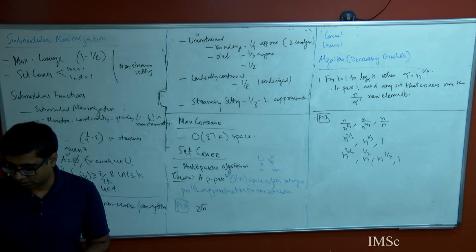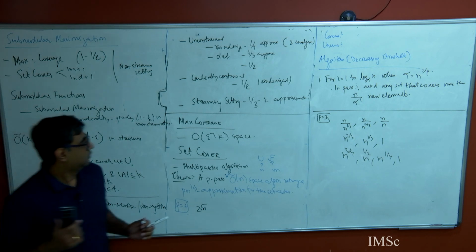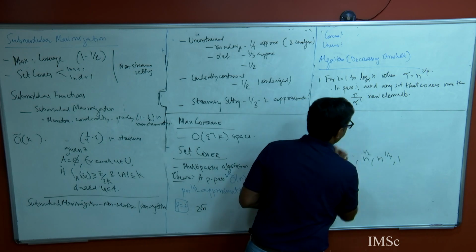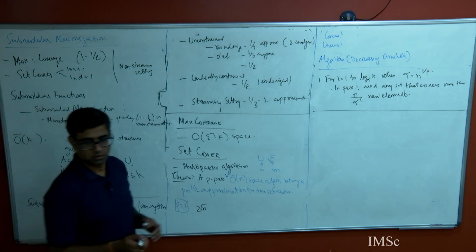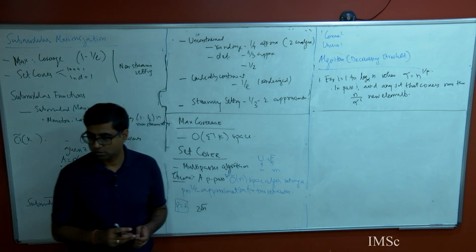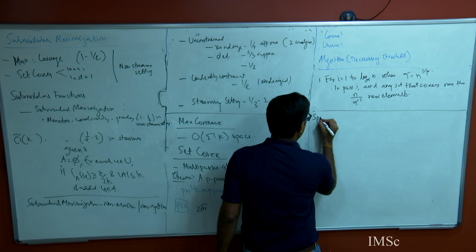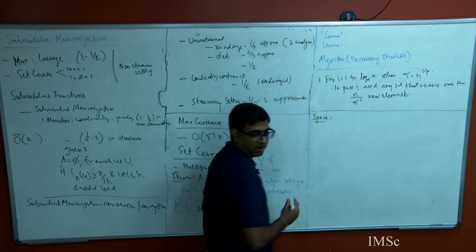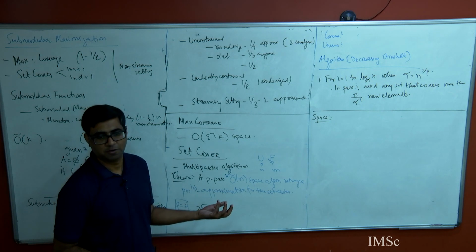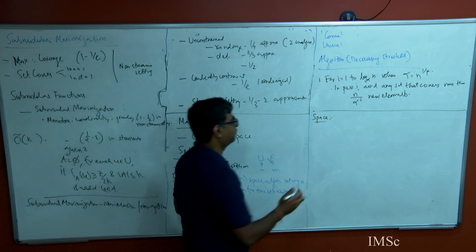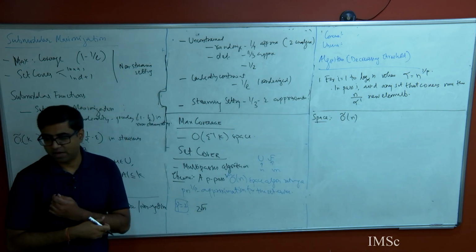So let's do first the space and pass analysis. As I explained, for space, we are never going to keep more than n IDs of sets, so space is definitely order n. And now how will we get the pass count?